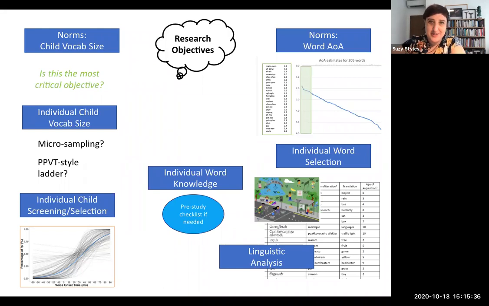Once we have all of these tools under our belt, it might be possible to develop more effective tools than the large-scale CDIs for microsampling, such as the Wordful app that's being developed by Michael Frank's team at Stanford. In addition, we're also working on building up a corpus so that we have some backup for oral language use that is relevant to developmental studies and future tool development.